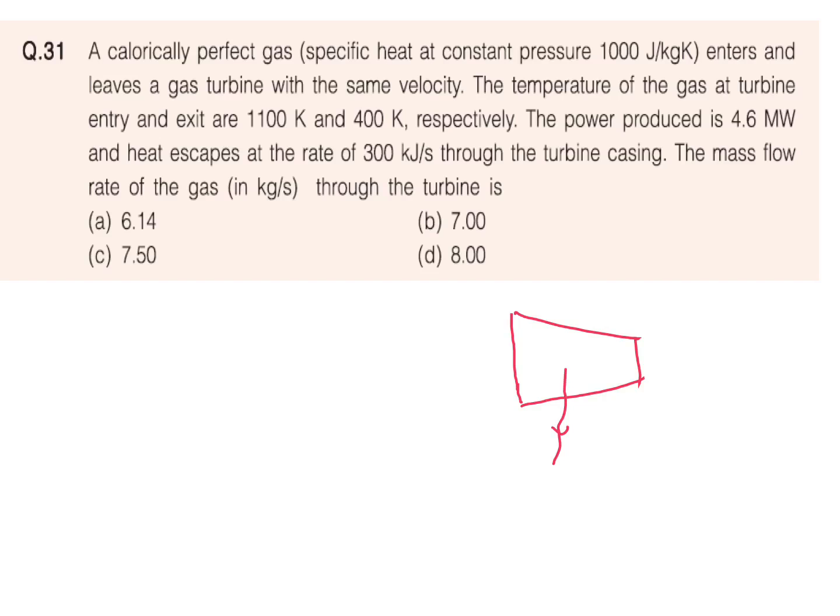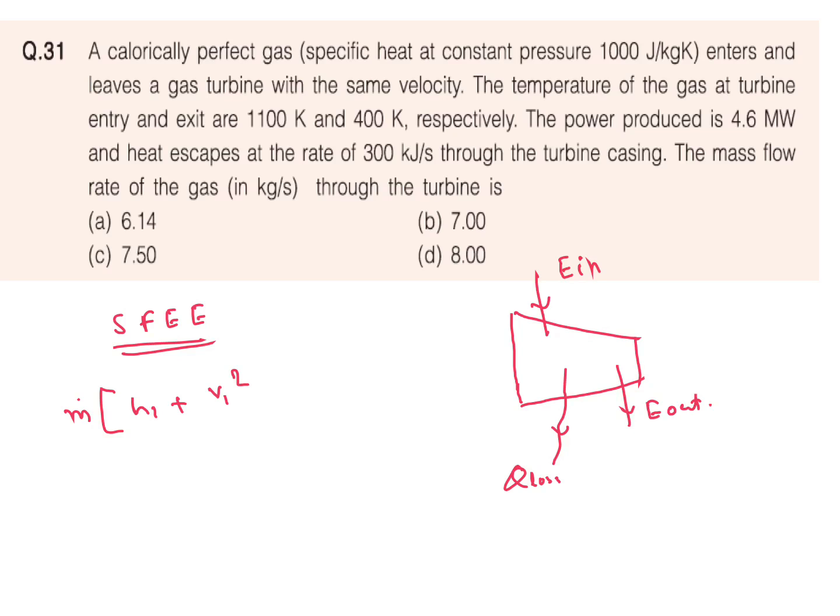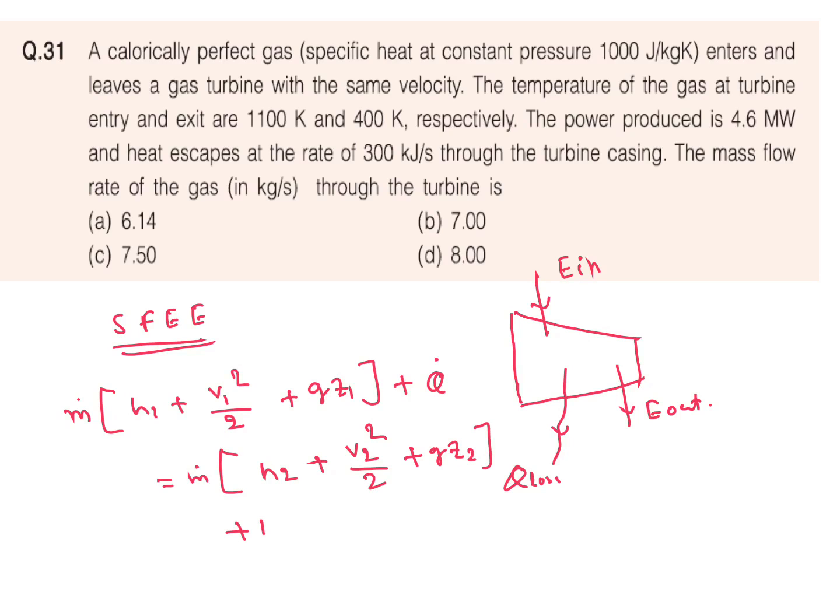Q loss, energy in, energy out or exit. The steady flow energy equation, SFE, we have to apply here: M dot into H1 plus V1 square by 2 plus GZ1 plus Q dot equals M dot into H2 plus V2 square by 2 plus GZ2 plus W dot. Just put the values, then you will get your answer.